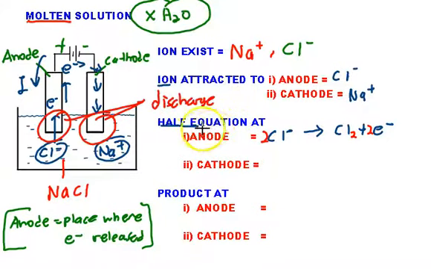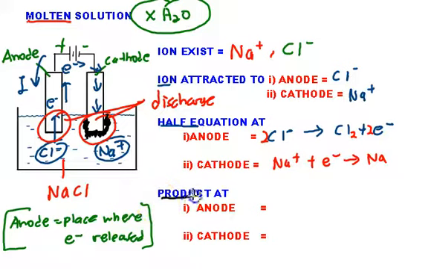Now let us look at the half equation at the cathode. Now we have the sodium ion. Since it is a positive ion, it has to accept the electron to become a neutral atom. So at the cathode, we will have sodium deposited.